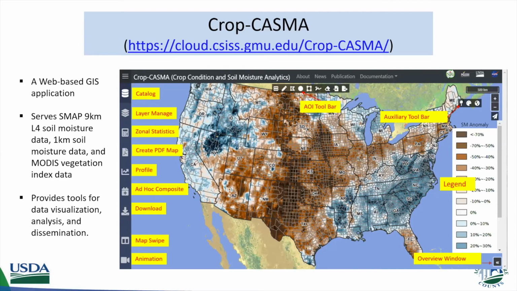It basically serves two major data products. One is the soil moisture data, the 9-kilometer L4 data, that's a SMAP data product, and also we serve a 1-kilometer soil moisture data product that's aggregated based on the SMAP soil moisture data.